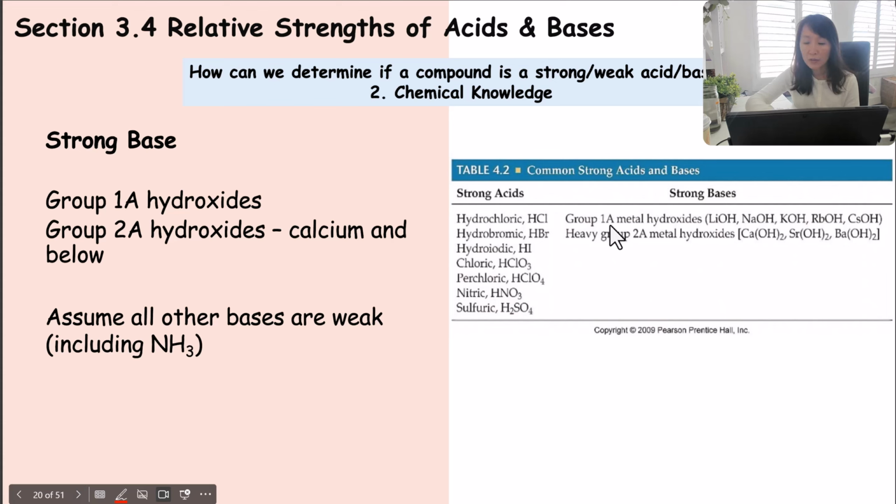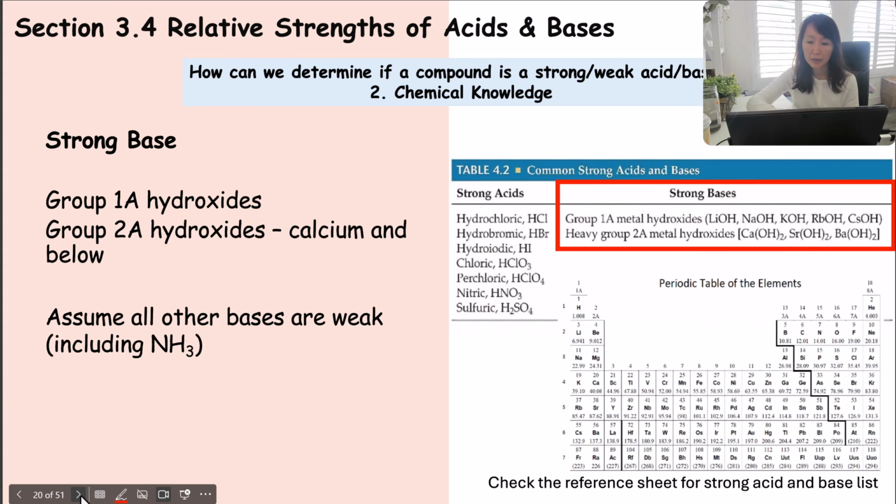So if it falls into group 1A metal hydroxides, like lithium hydroxide, so group 1A refers to that first column of the periodic table, and then also the second column, but not just any one of them in the second column, but calcium and down. Let me show you the periodic table to help us. So here is lithium and down.